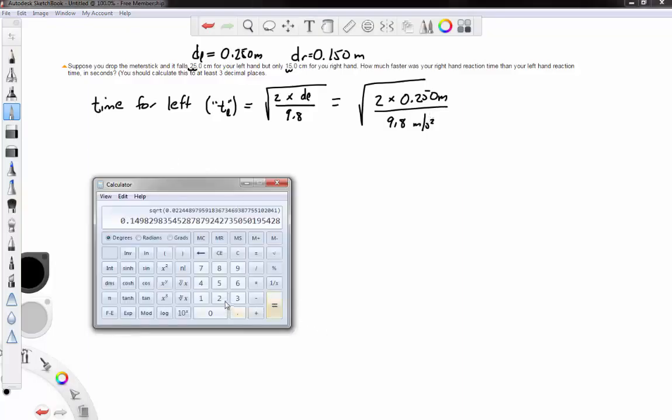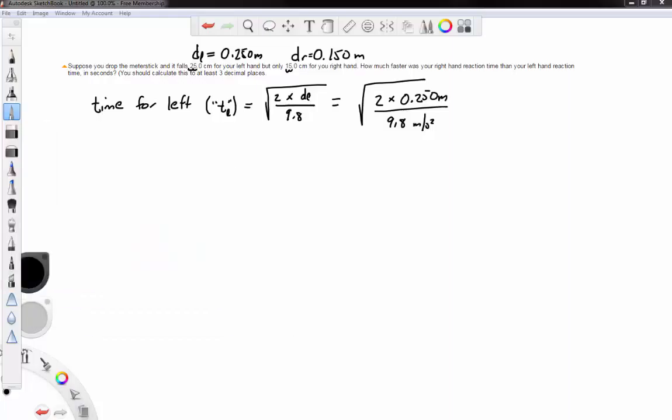So now I'll put in the numbers. 2 times 0.250 should be 0.5, and then that divided by 9.8 gives you this number, 0.05102, blah blah blah. Take the square root and you get 0.22587, etc. So I'm going to basically call this 0.22588 seconds.